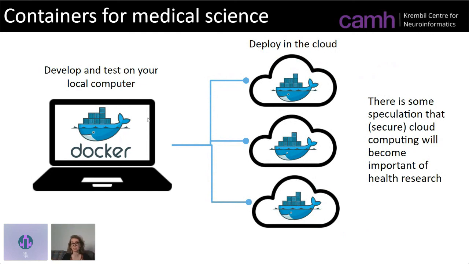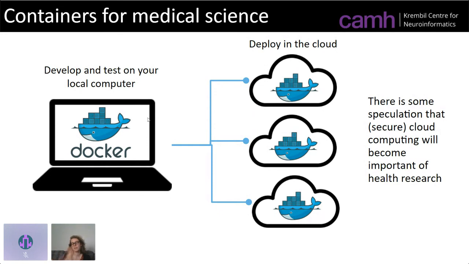So the idea is that there's one secure cloud that can host data in a secure way that only people with correct access can get to it. And you might be able to create a different cloud-based application or pre-processing pipeline, and you might be able to connect those two in the cloud.